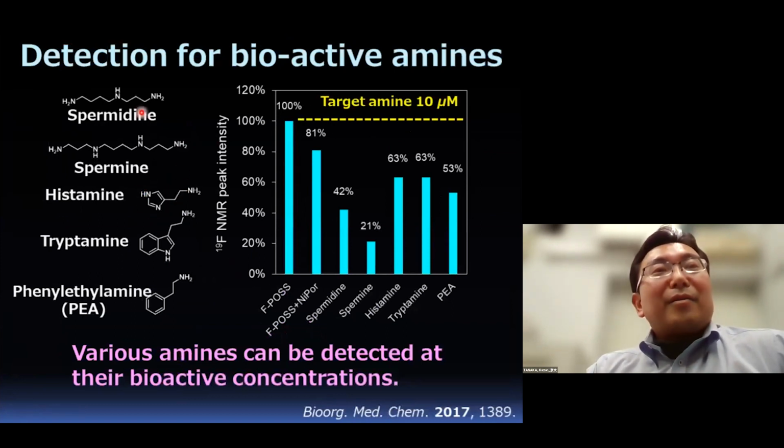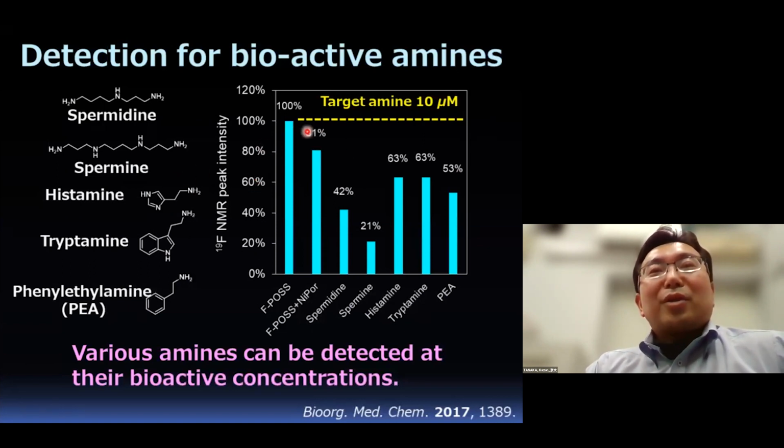By adding various types of bioactive amines, from the initial signal intensity, we observe lower intensity. This means the detection can be obtained. And 10 micromolar is the bioactive concentration.